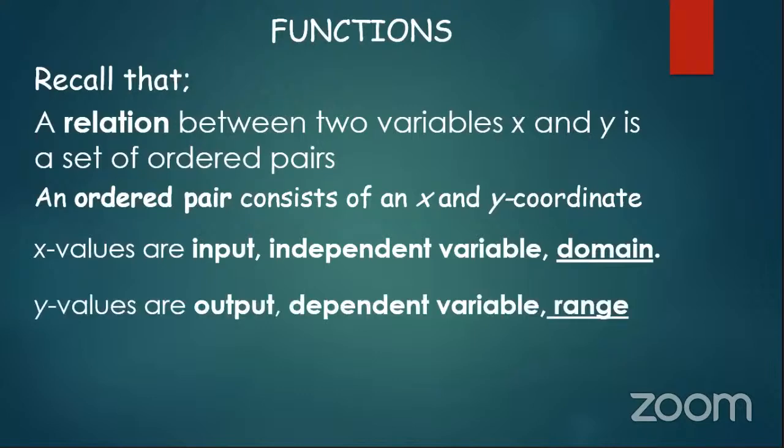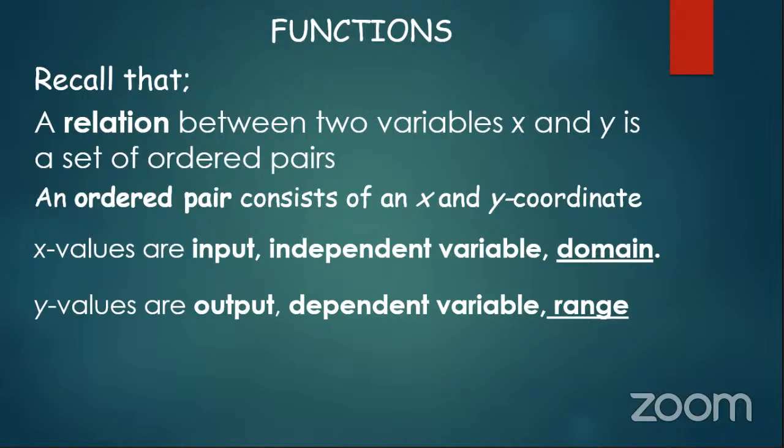And then the y values are the output, the dependent variable, and we call it a range. In some books, they call it codomain. So when we input the x value, we expect to have an output that we are calling a range.